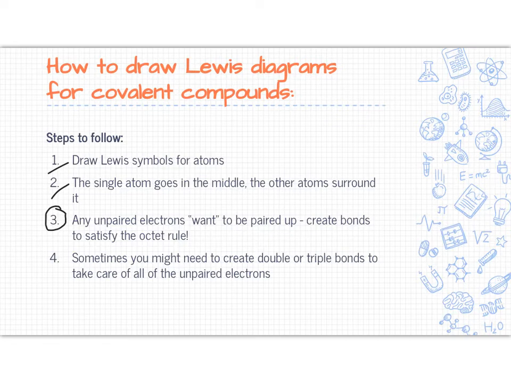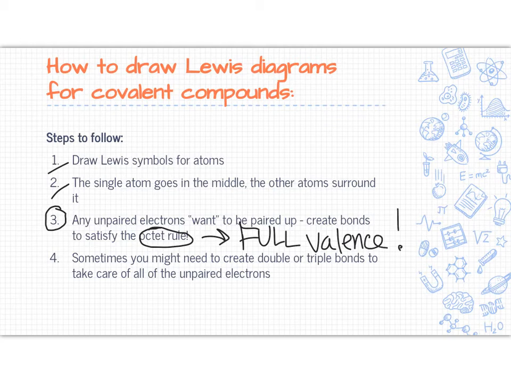They are going to want to create bonds to satisfy the octet rule, so we are going for full valence shells here. And finally, sometimes you might need to create double or triple bonds to take care of all of the unpaired electrons. So just keep that in mind as we are working through.